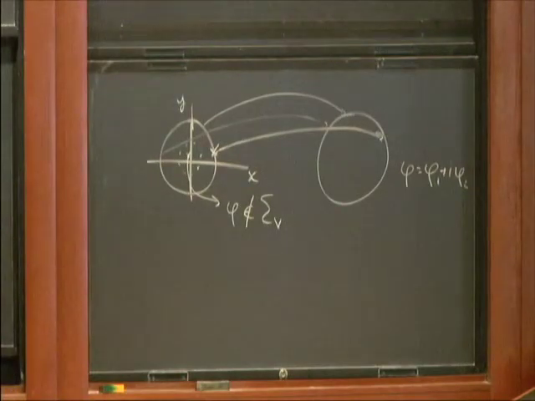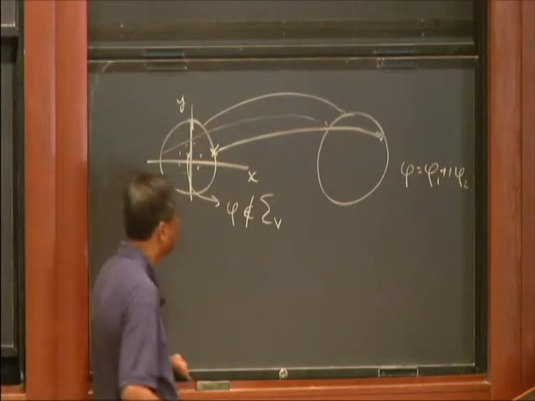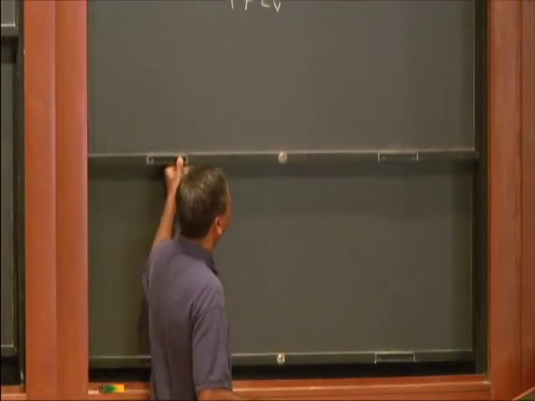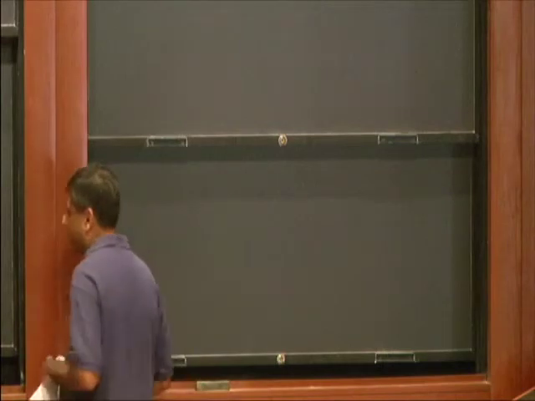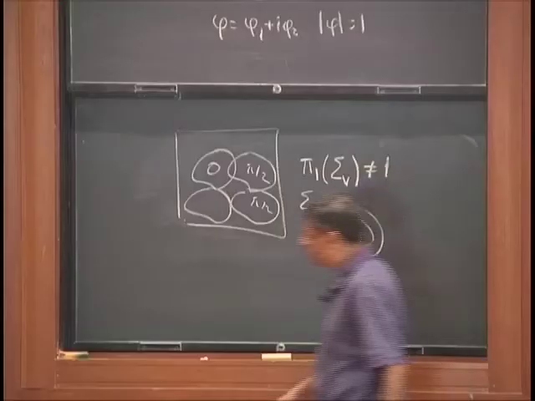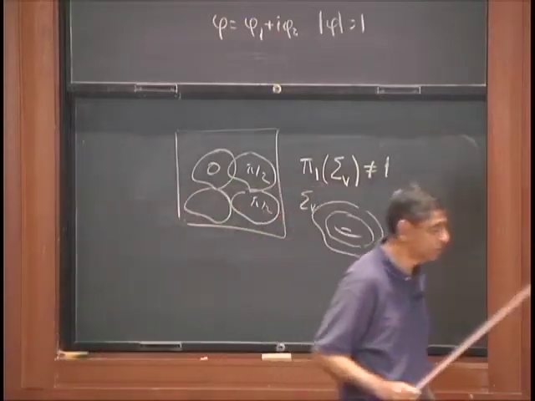So just from the fact that your vacuum manifold has incontractable paths, you are forced into the existence of these string-like objects. But this is the simplest situation. You can have other complicated situations, and let me describe those.